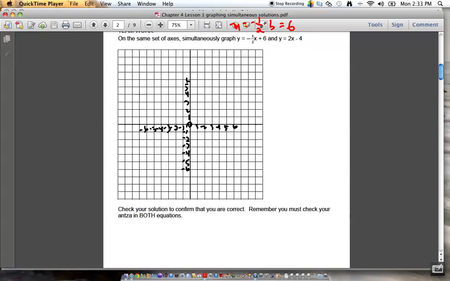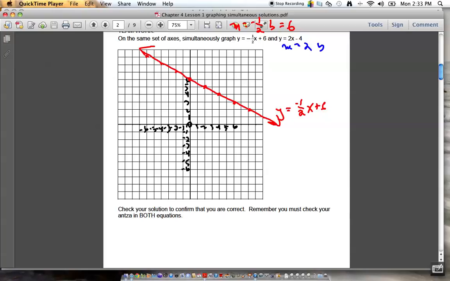Now, for this first line, the y-intercept is 6, so I begin at 6, and I go down 1/2. And if you graph that line right, you're doing really well. Notice again that I wrote the name of the line on it, the equation of the line. Next one.